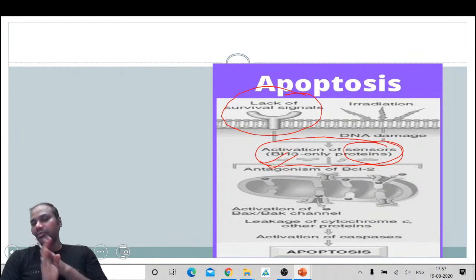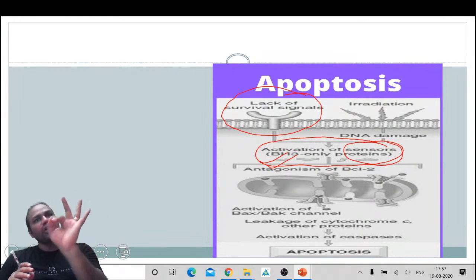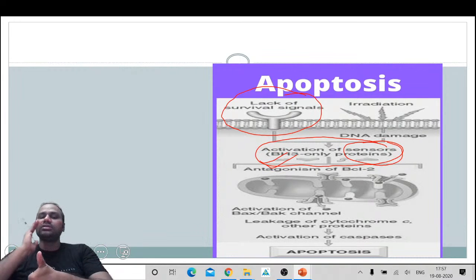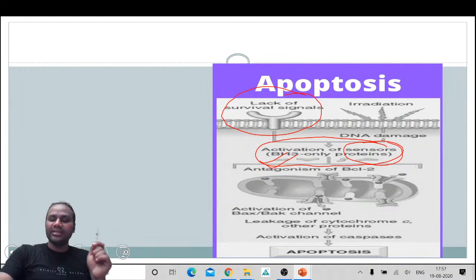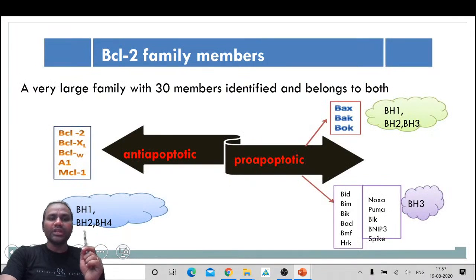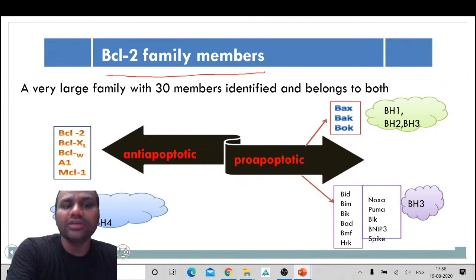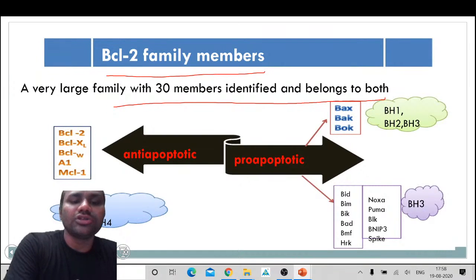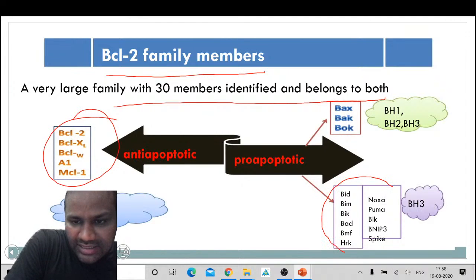Anti-apoptotic proteins and pro-apoptotic proteins have BH1 to 4 domains, but sensors have only BH3. Yes, this figure shows the BCL2 family, a large family of about 30 members which belongs to both groups. There are anti-apoptotic factors and there are pro-apoptotic factors. And remember, the sensors are the BH3-only proteins.